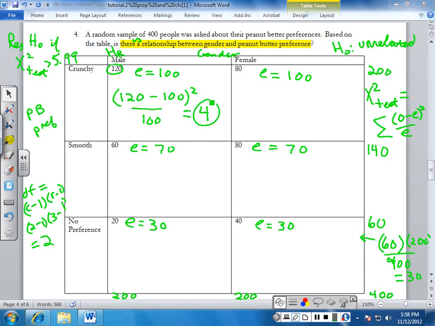And 80 minus 100, observed minus expected, squared, divided by expected. That's also equal to 4. Circling these because in the end, I'll go ahead and write here, this is going to be 4 plus 4.